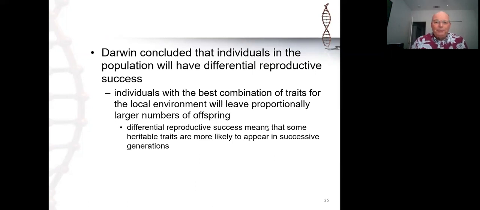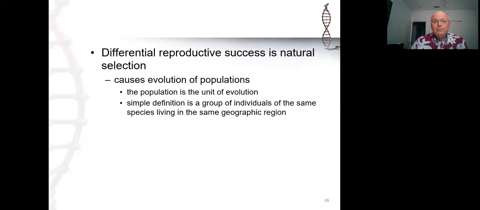And so the makeup of the population, the shape of the population, is going to move in the direction of the winners. This is referred to as differential reproduction in modern terminology. And so it's that differential reproduction that is natural selection.